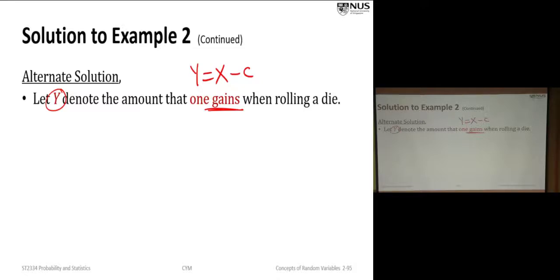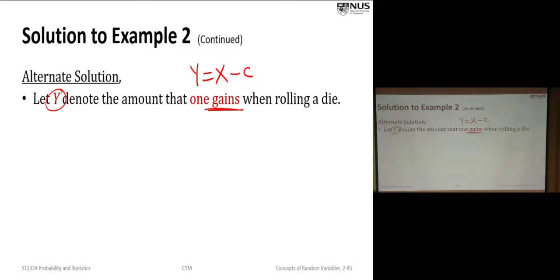Is X a random variable? The amount that he gets is a random variable, depending on the outcome of the die. Is C a random variable? If it's a random variable, what are the values? No, C has only one value.